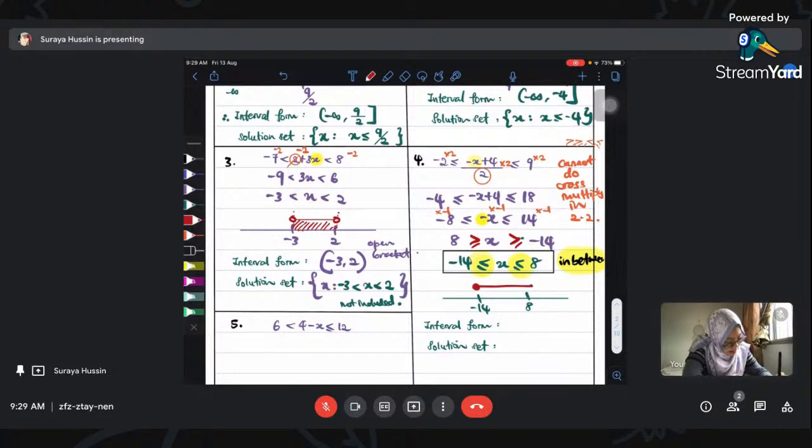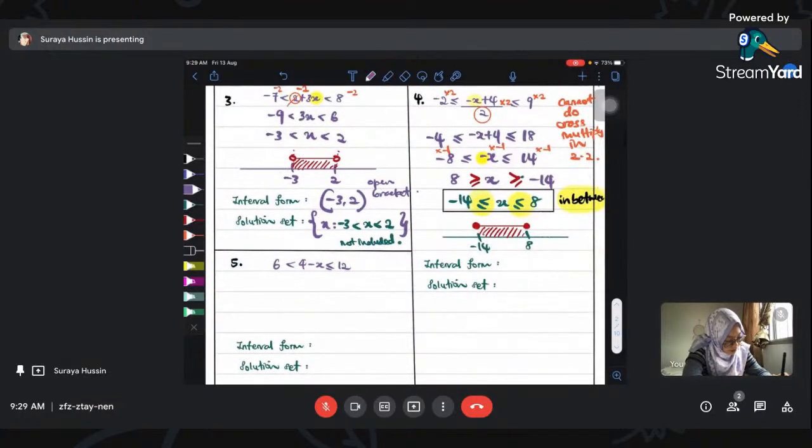So this is then a circle, shade the region, and you will get negative 14 and 8 included. So it is a close bracket, closed. As for the solution set, make the outline first, it's not wrong to make the outline first. And then x is, how do we say it? X is in between, just follow what you have here.